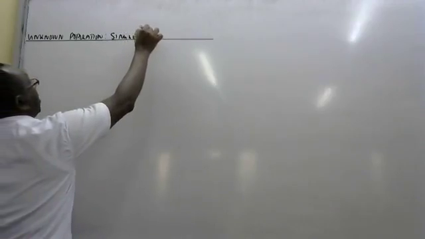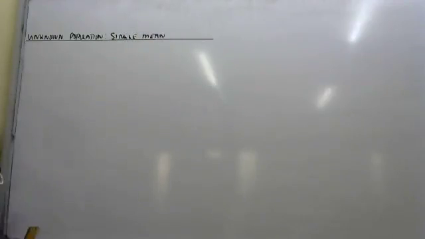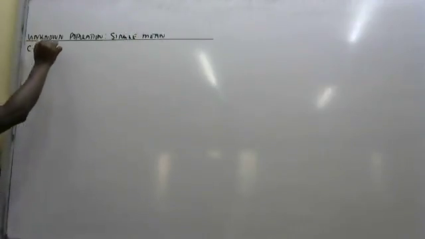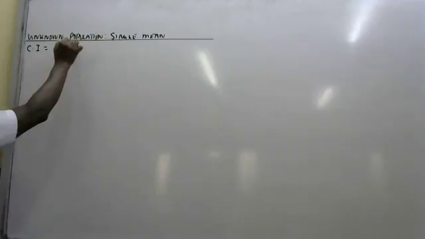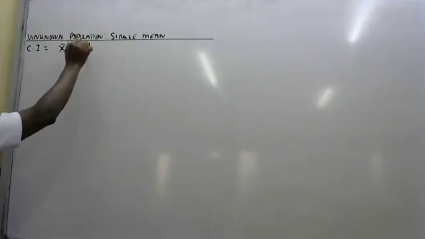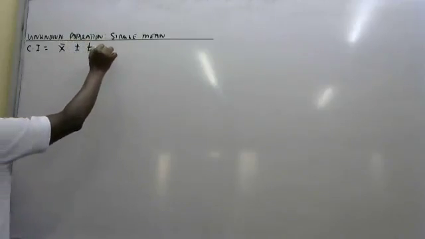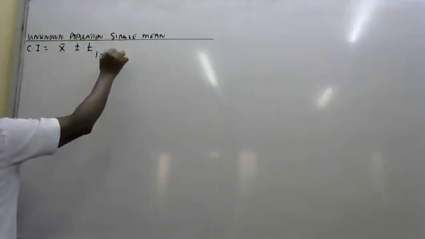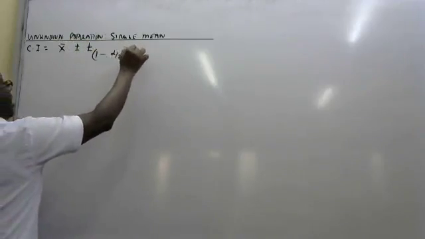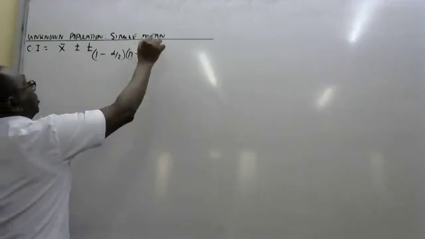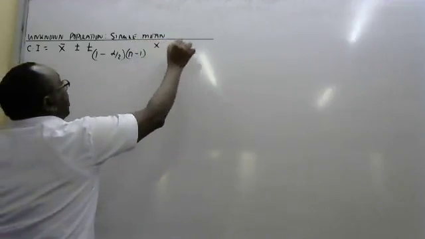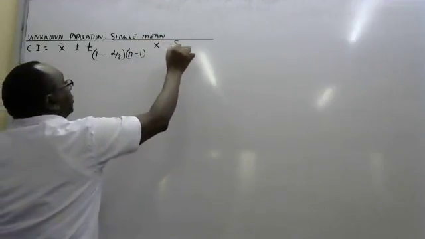Single mean. So ukipata swali ya single mean, the confidence interval is given as X bar plus or minus T 1 minus alpha out of 2, n minus 1, multiplied by S, you divide by the root of n minus 1.